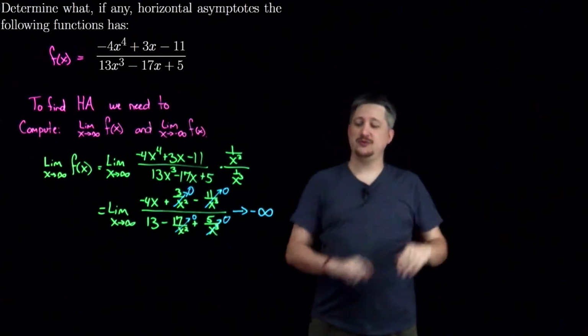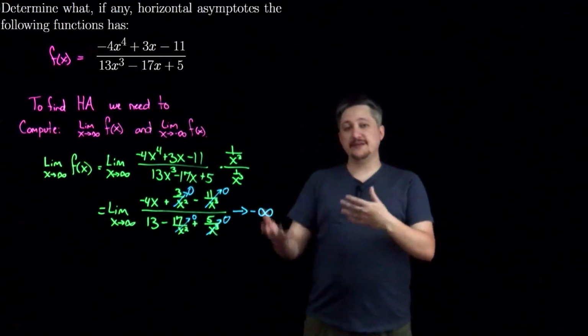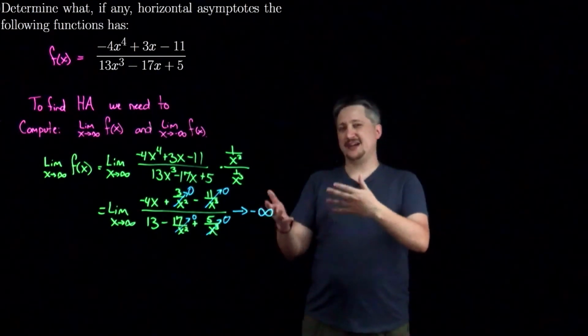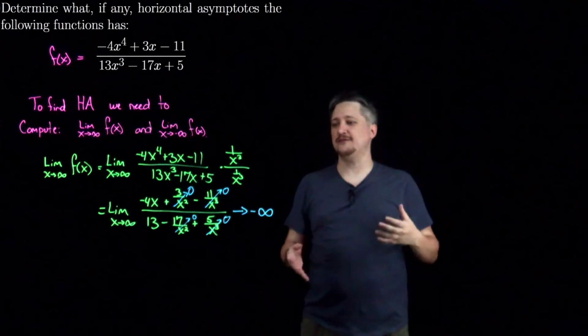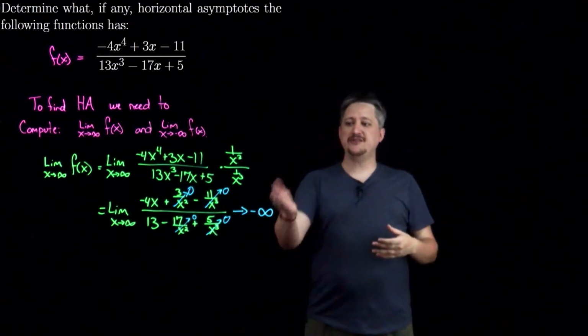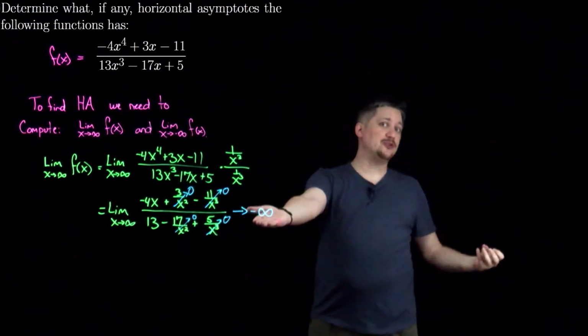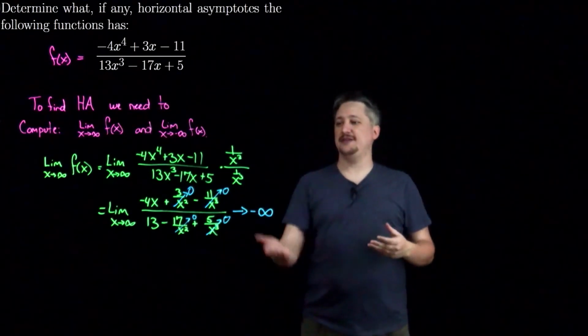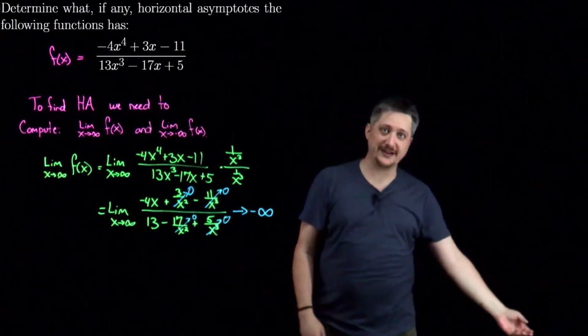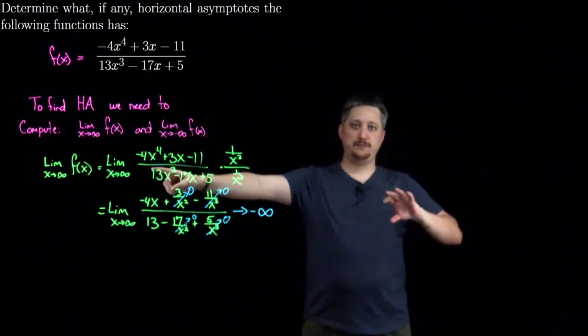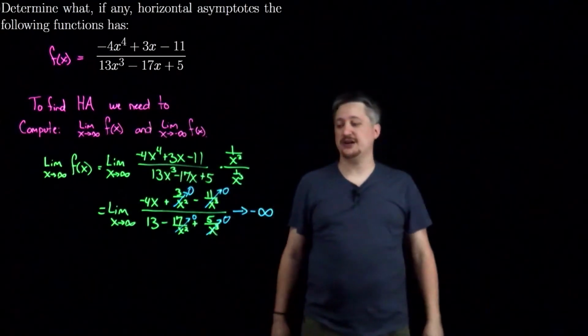But I'm pointing this out because I want to show that the math is actually pretty consistent if you have this idea of an asymptote. If you think of it as the value that the function is getting pulled toward, then this is telling me that the function is getting pulled toward negative infinity. It's getting infinitely large and negative as x goes bigger and bigger in the positive x direction.